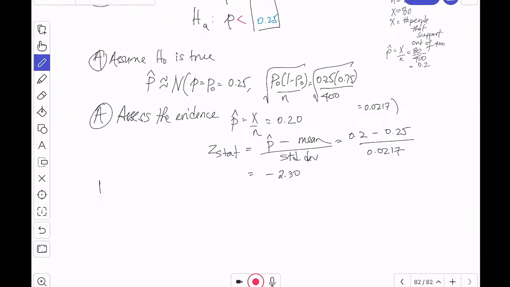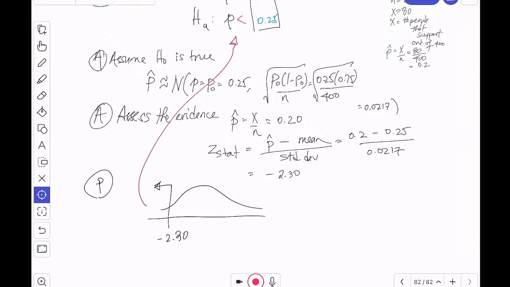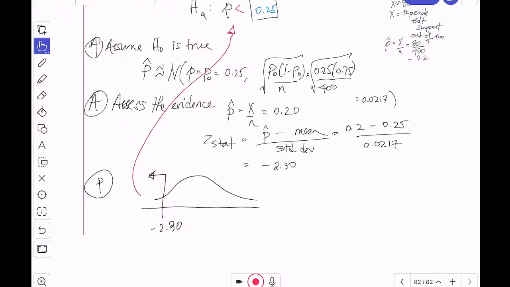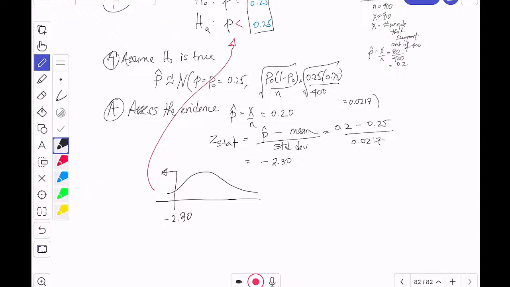This is for the p-value. The p-value, we draw a picture and we draw our z-stat in the direction of the alternative hypothesis. So we use this now. We haven't used that at all. So we're going to draw our z-stat here, negative 2.3, and we're going to go this way because that's what it's saying. Check to see if it's smaller. So that's the red stuff.